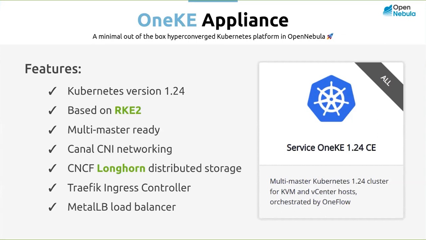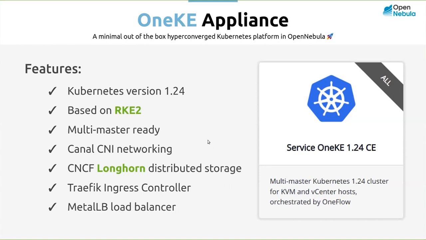So yeah, in the appliance, we actually use RKE2 as the main Kubernetes engine, and it's using Canal for networking. We also install additional components like Traefik and MetalLB to implement ingress and load balancers respectively for on-prem.